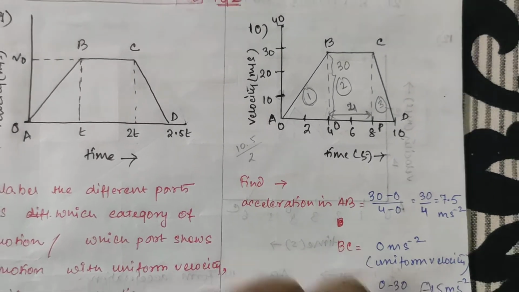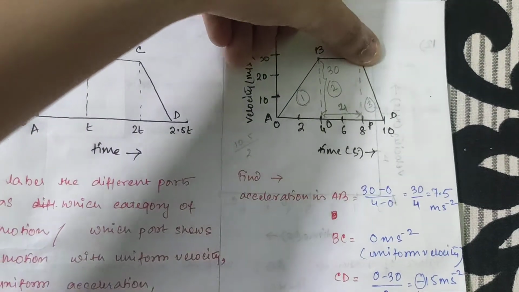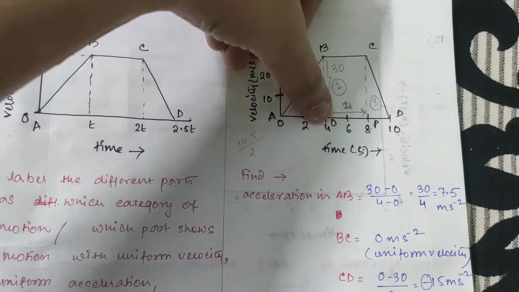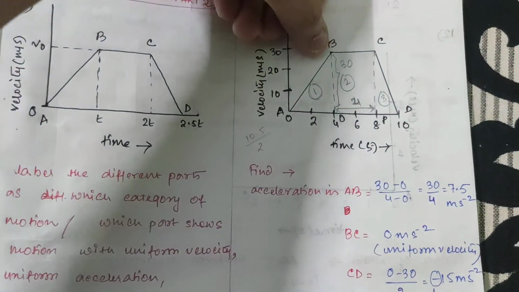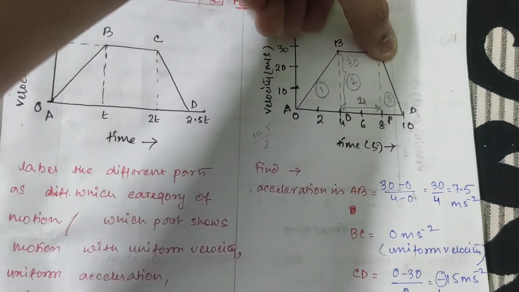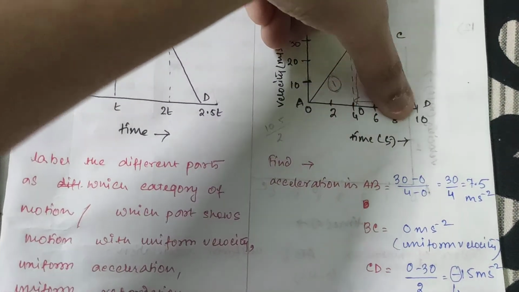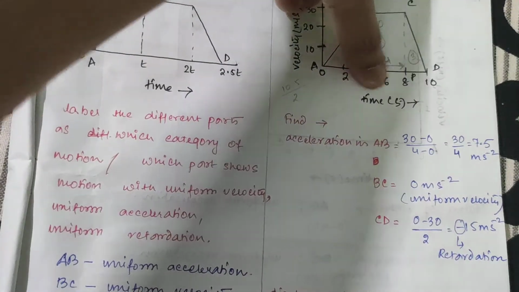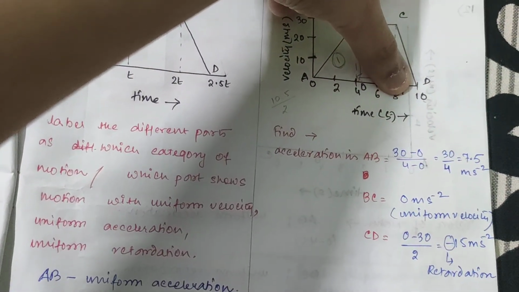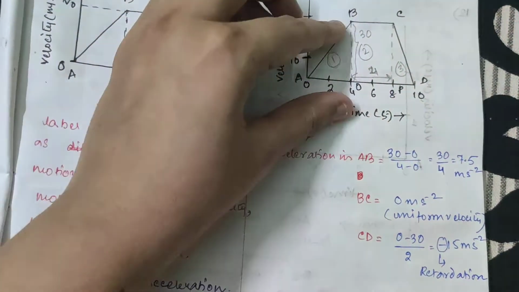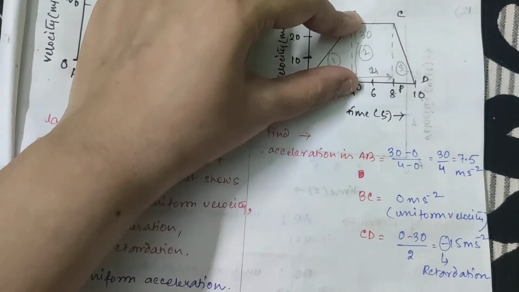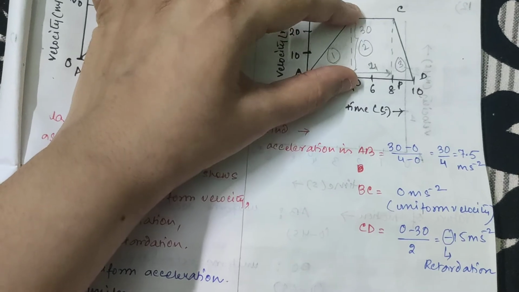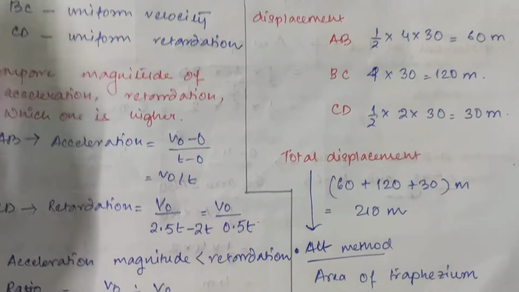Half into sum of the parallel sides, BC plus OP. BC is how much? 4. If this is 4, this is also 4. So 4 plus 4, 8. Half into 8 into the height of the trapezium, the distance between the parallel sides, that is 30.